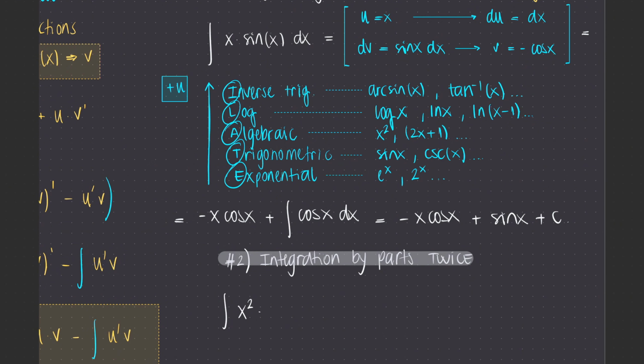Let's say we have x squared e to the x dx. In this case, given that between an exponential function and an algebraic one, the algebraic one has priority for becoming u, and each time that we integrate by parts, the power of this algebraic function decreases by 1, we're going to need to use integration by parts twice.